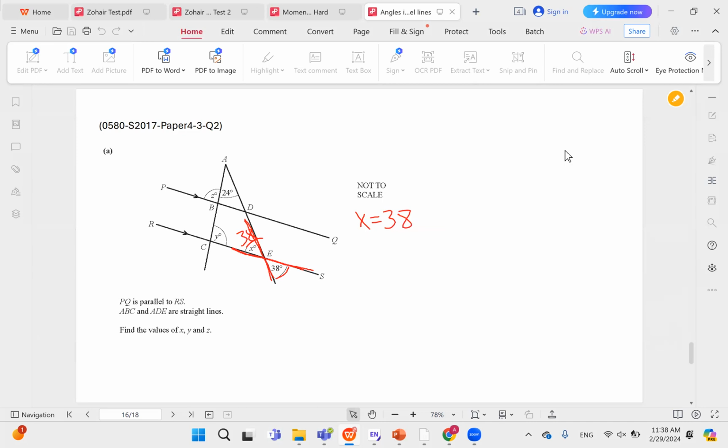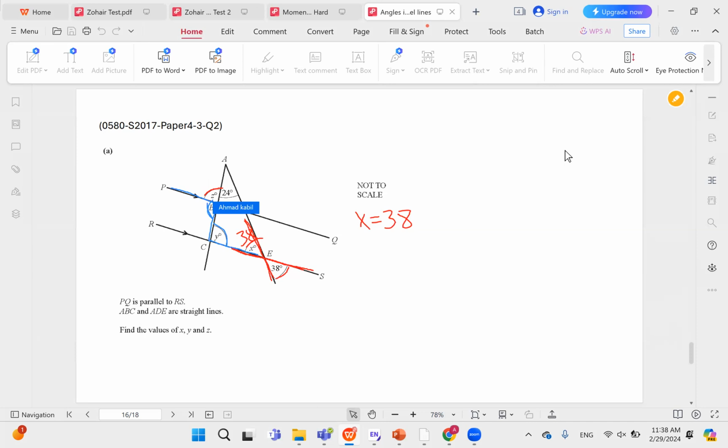Next, we have the letter z. So we want to get the letter z here. In order to do that, first we actually need to get the letter y, excuse me. So we can get y first because this angle y here forms alternating interior angles with this angle here.